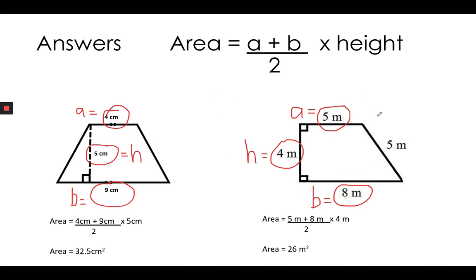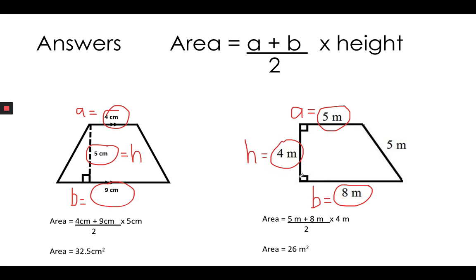I also included another trapezoid over here that looks a little different than you're used to, and that includes a right angle. Don't be thrown off by this. We look at it the same. Top base is 5 meters, bottom base is 8 meters. You go 5 meters plus 8 meters divided by 2, then you multiply it by the height.